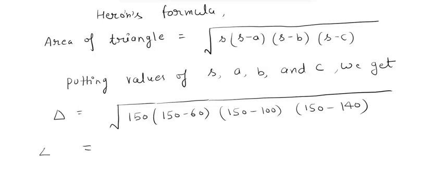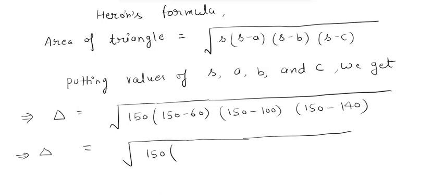We will get delta is equal to square root of 150 into 150 minus 60, we will get 90. 150 minus 100, we will get 50. 150 minus 140, we will get 10.